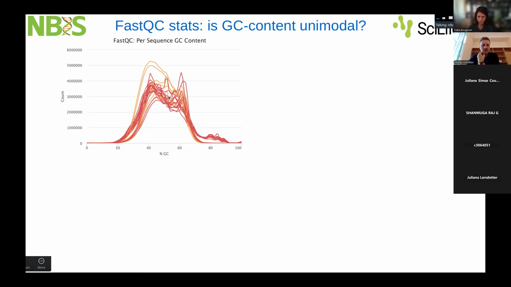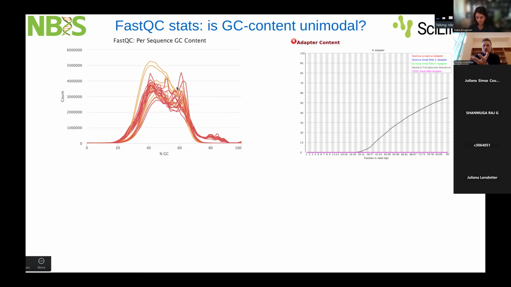You can suspect that there is more than just one organism present. So that's very important. That's one statistic that I always pay attention to. And of course, you have to check that adapters are present, and you have to check this before adapter removal and after adapter removal. You learn a lot just looking at the stats.